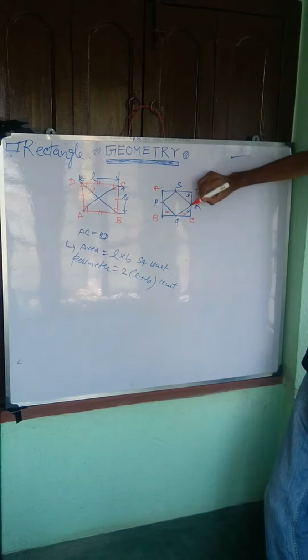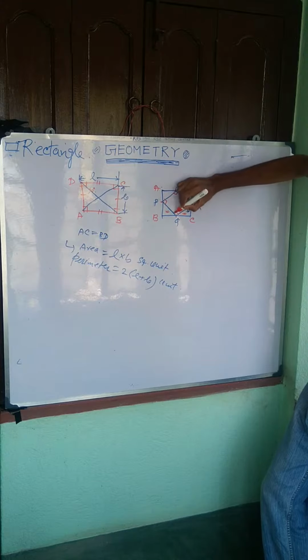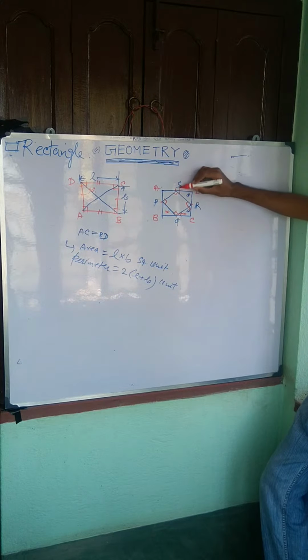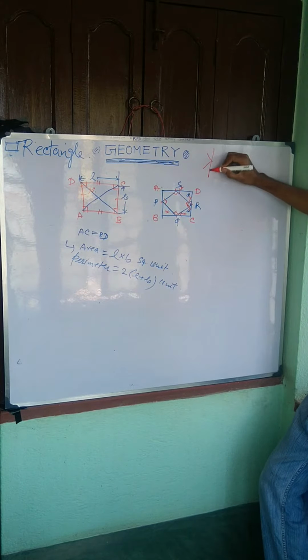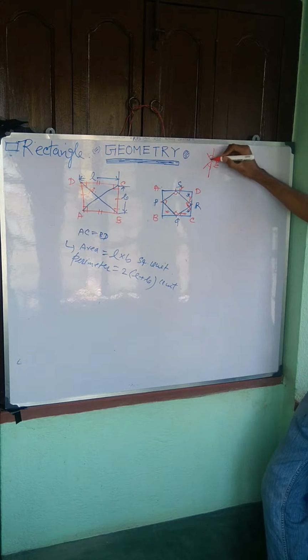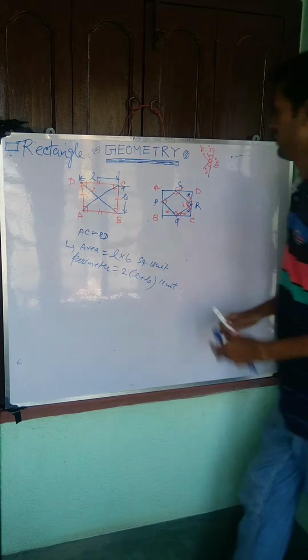And these angles are 90 degrees, because this is 45, this is 45, so it would be 90, since the angles on a straight line add up to 180 degrees. This is the middle angle, and because this is 45 and this is 45, this would be a square.